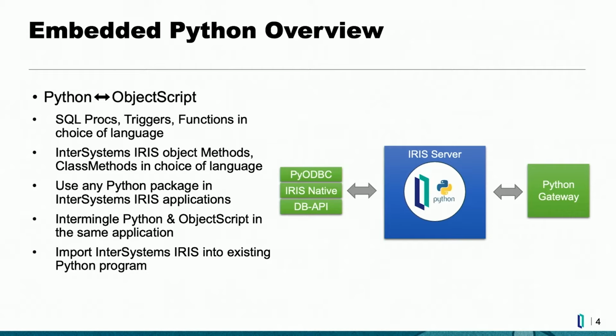We are loading Python into the IRIS process, so it's all in process running together. Python is designed to be an embedded interpreter, so this is very natural for Python. It's not something that we're being forced into. And the beauty of it is all running inside the same process.